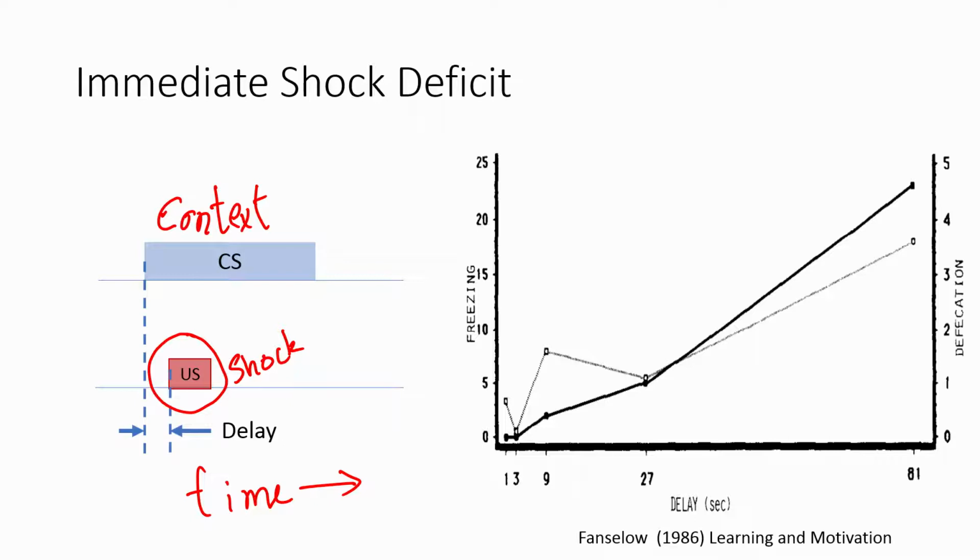So, what he is showing here is that as you keep increasing the delay on this axis, the degree of freezing increases. Mind you, it is the same amount of shock, same duration, everything else is the same. The only thing that is different here is the delay, clearly telling that unless you give a sufficient amount of delay for the context representation to be formed in the hippocampus.